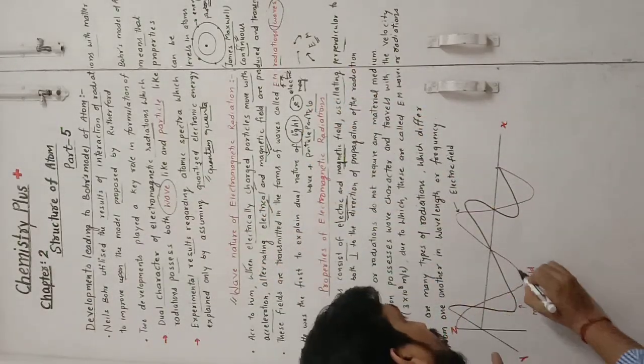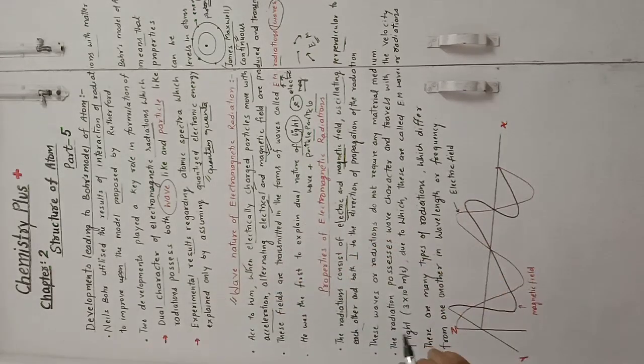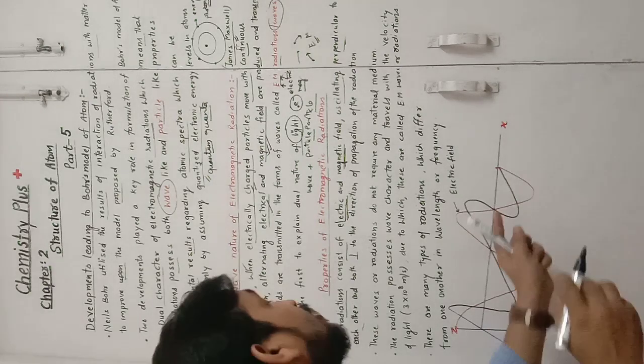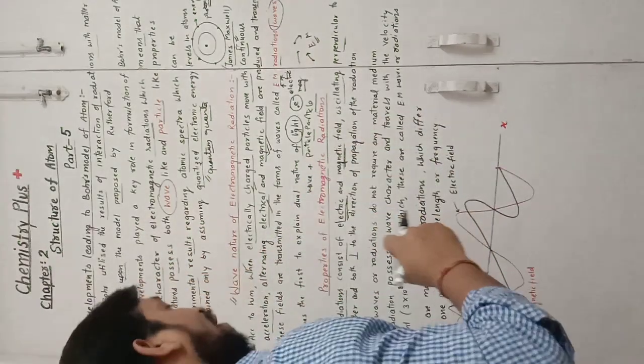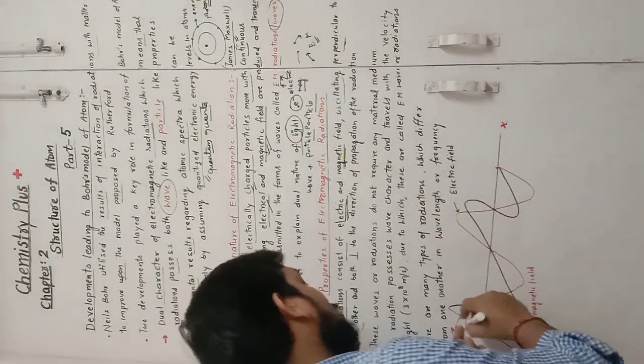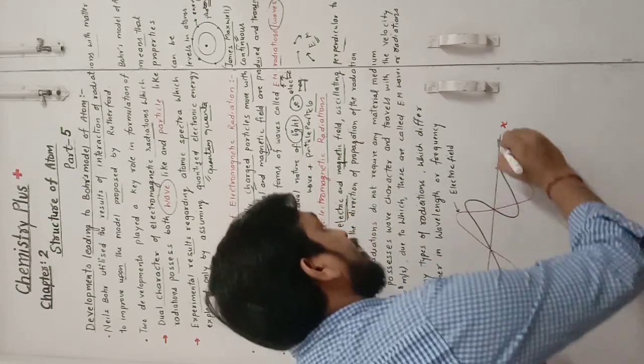So this is the electric field, and the black dotted line is the magnetic field. These two fields oscillate mutually perpendicular to one another, and both are again perpendicular to the direction in which the wave is propagating.